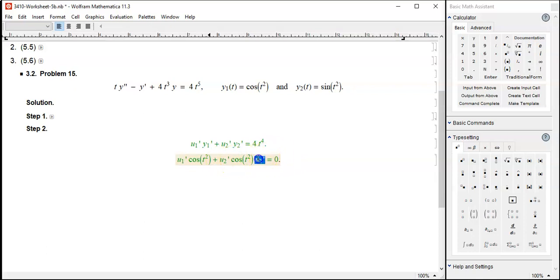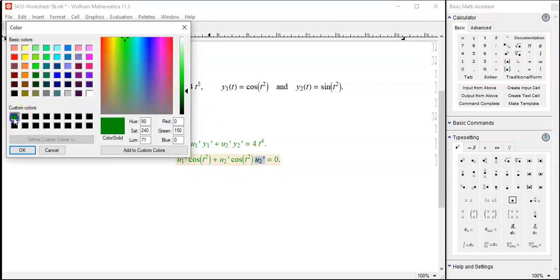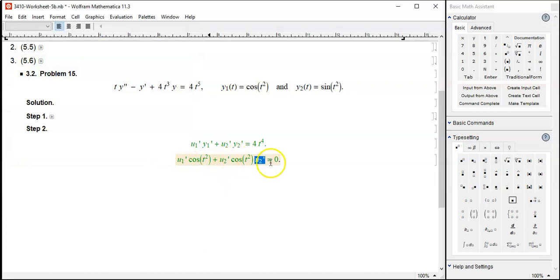Oh, that's odd. And then u1 prime. Okay, let's move it here. How about this one? Okay, this one needs a little bit more work.